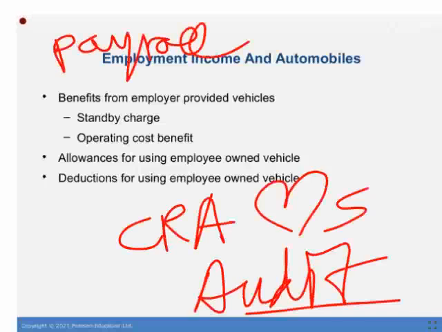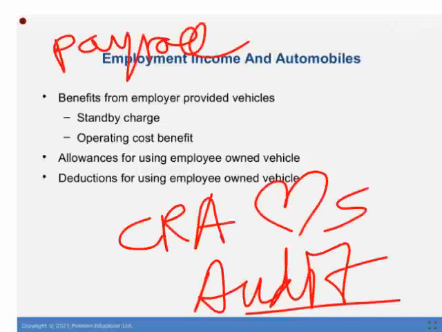But then ultimately they'll also say, hey, what vehicles do you have? Let me see your vehicle expense account, maybe. That's more of a corporate audit thing, but this could stem from a corporate audit too. They'll ask, who drives those vehicles? What vehicles are owned by the company, and who are they provided to? What benefit have you calculated? How did you calculate it? What's it based off of?